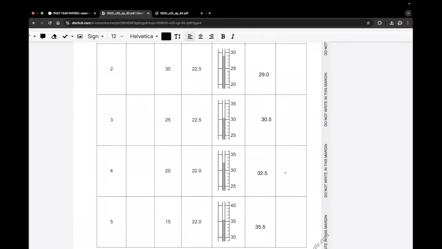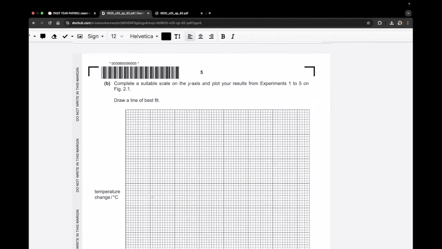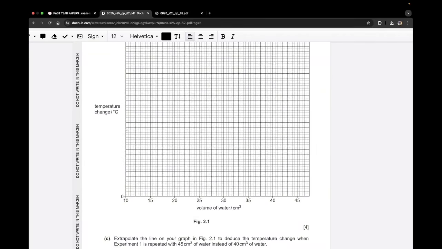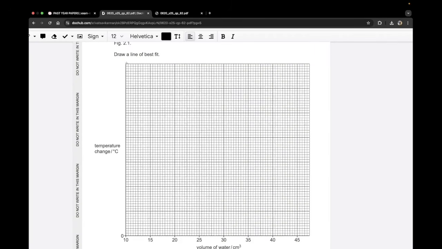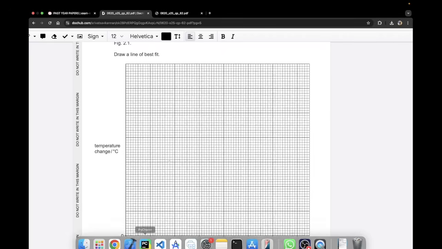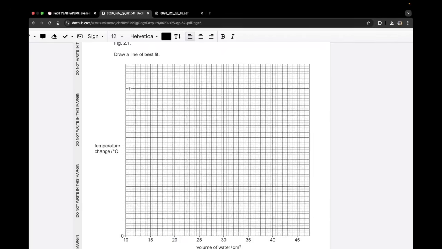But if you make this 0, 5, 10, 15, 20, 25, 30, 35, 40, the actual data doesn't even take up 3/4 of the y-axis. That's wrong. You cannot do that. So the rule is the vertical spread of the data needs to take up at least 3/4 of the y-axis of the graph as a whole.